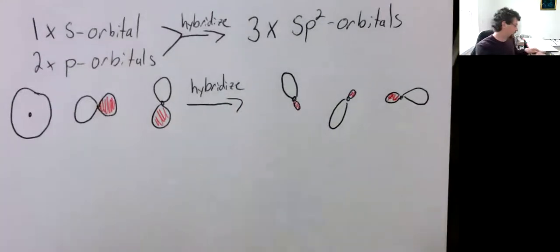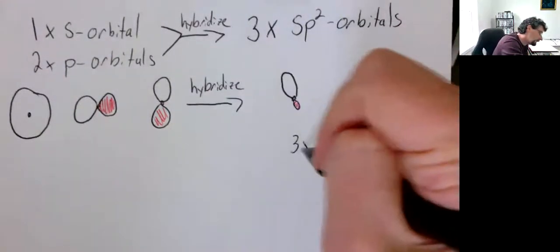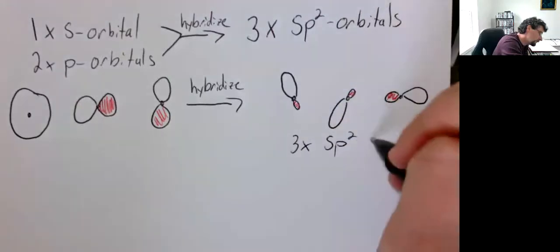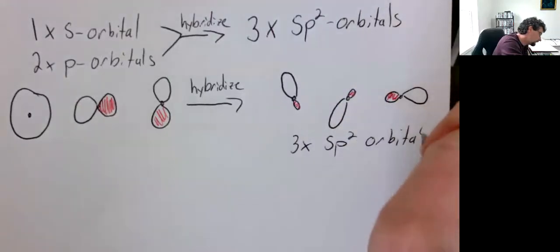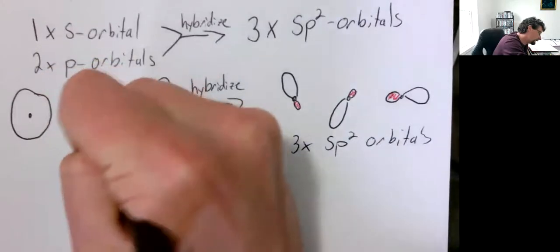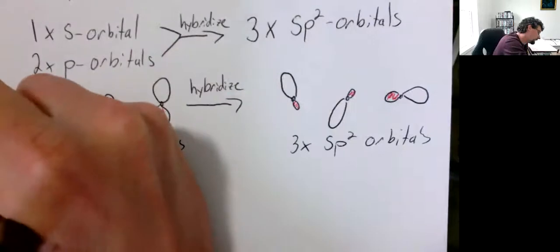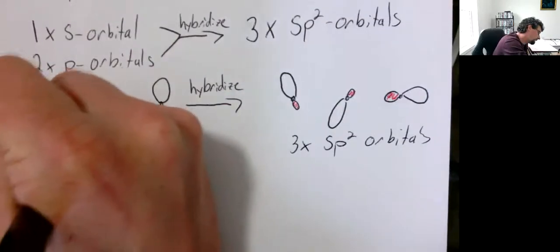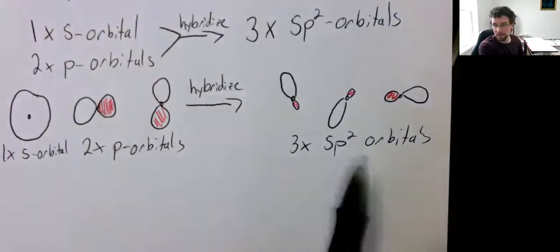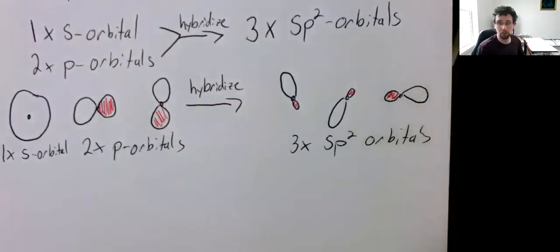So these are our three sp2 orbitals. We have our two p orbitals and our s orbital that we use to make these three sp2 orbitals.